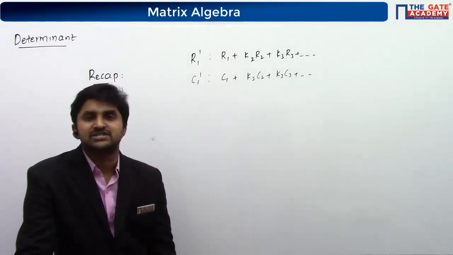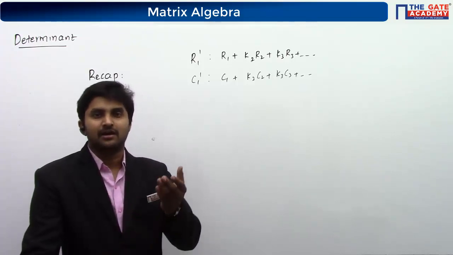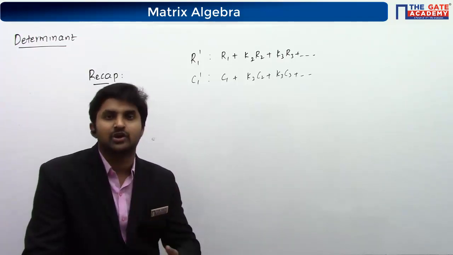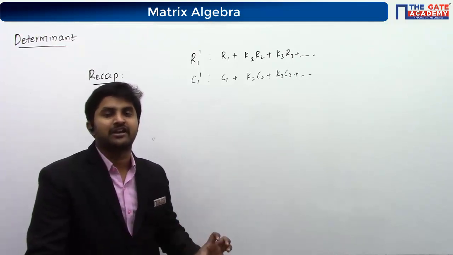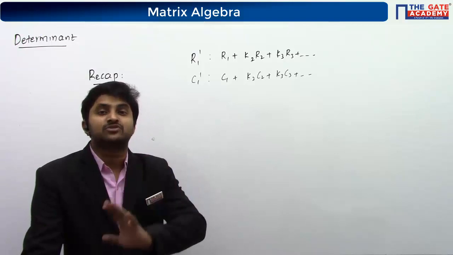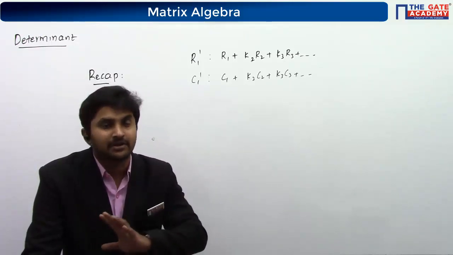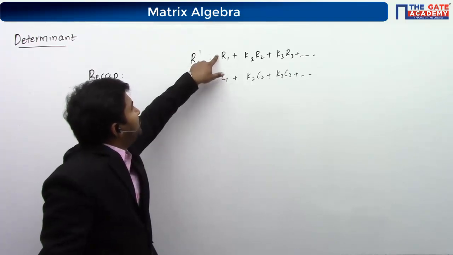In the last class, one of the students asked about the inverse of the matrix. There, to ensure that the matrix becomes an identity matrix, we can use row operations and column operations. Row operations and column operations are not going to change the determinant of the matrix, except if you are changing the coefficient of the row.